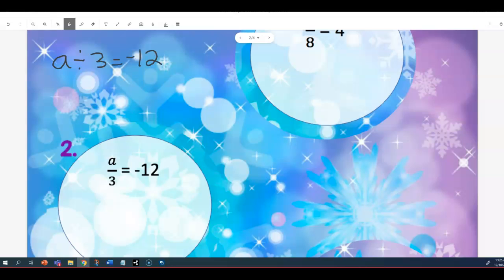If I did the flip for this fact family, it would be starting with negative 12 times 3 is going to equal a.